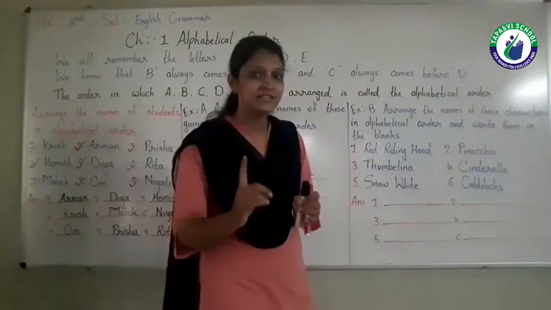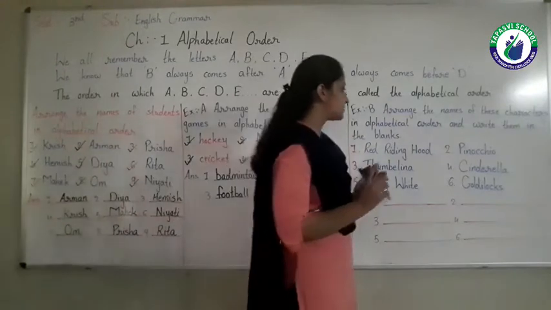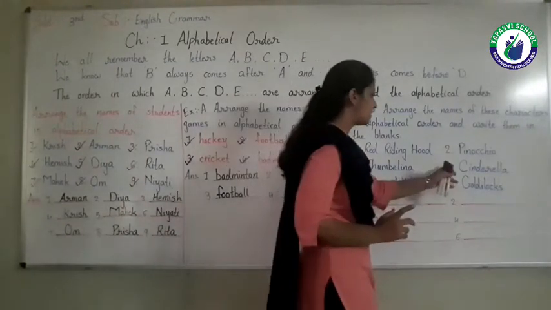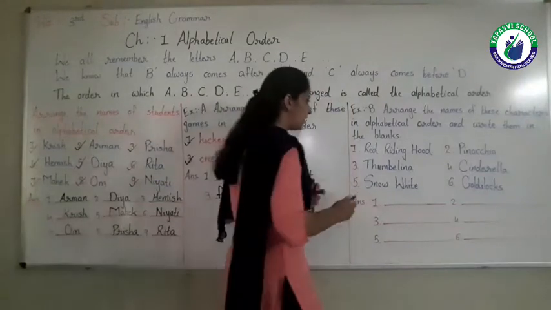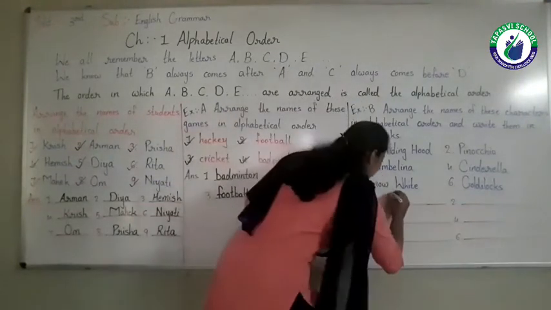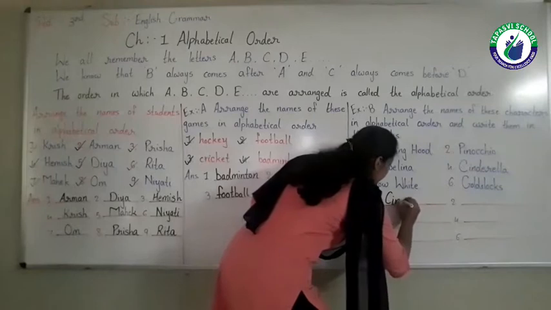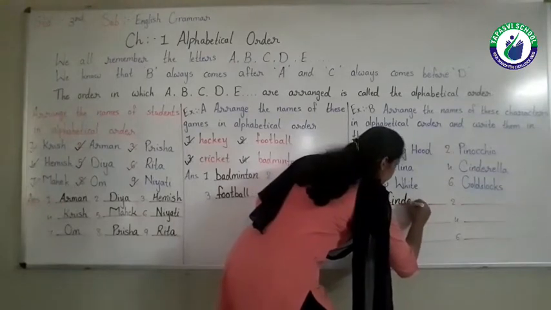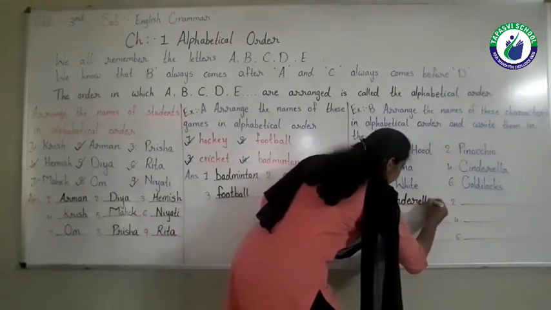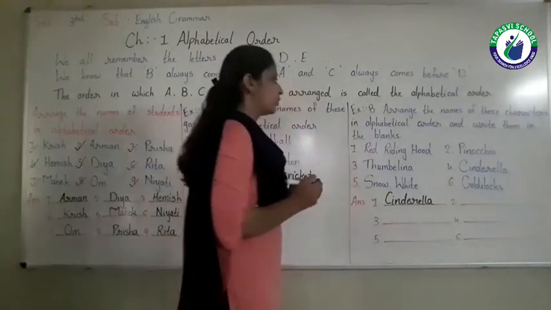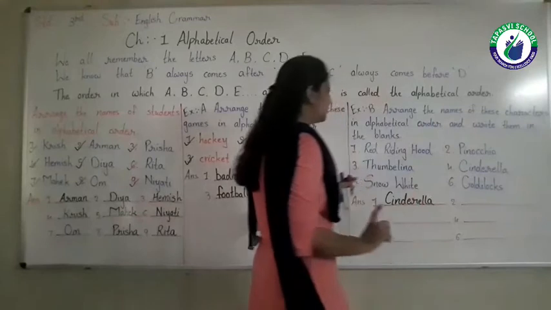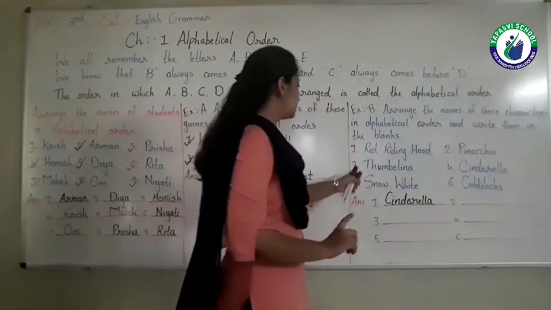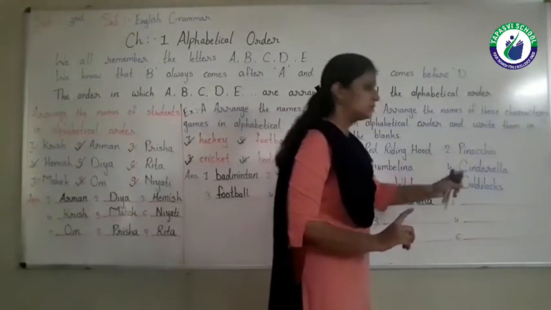Yes, letter C से दिया है. Yes, letter C. Which character name is given? Cinderella. That we will write in number 1. Cinderella. Okay, C after D. So D. Any character name is given?